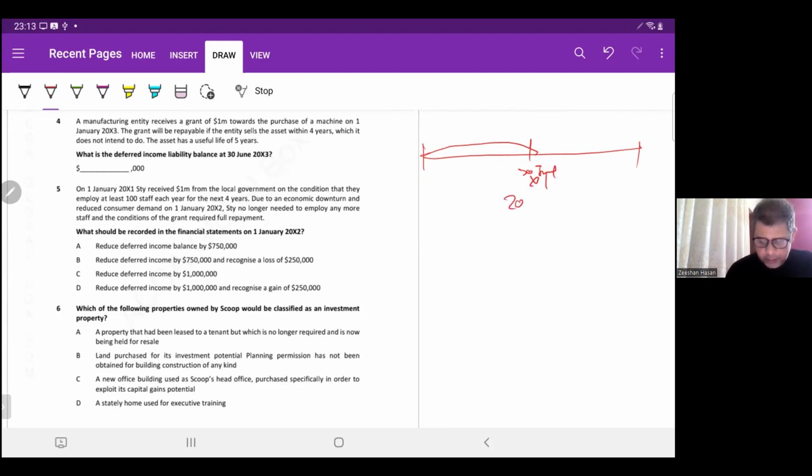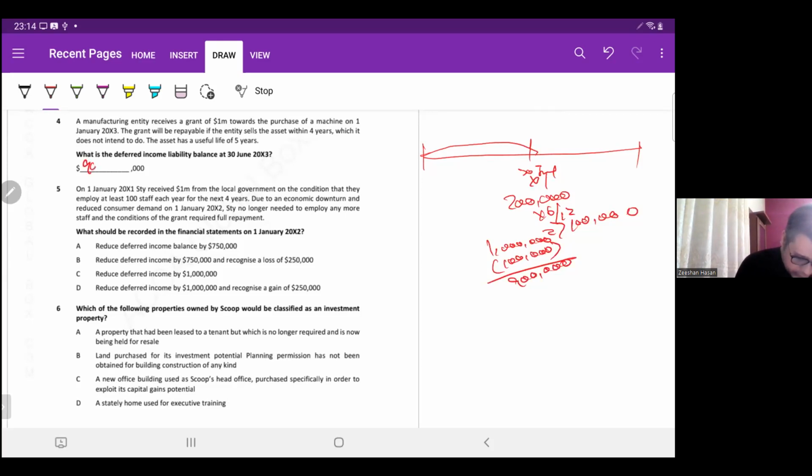So 200,000 into 6 divided by 12 gives 100,000 released, which leaves 1 million minus 100,000, so 900,000 in the deferred income liability. So it's 900,000.